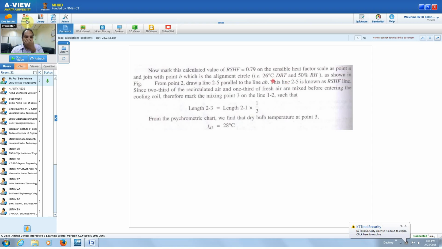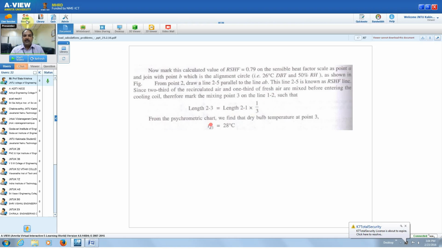Since 2/3 of recirculated air and 1/3 of fresh air is mixed before entering the cooling coil, mark the mixing point 3 on the line 1 to 2 such that the length 2 to 3 is 2.1 into 1 by 3.